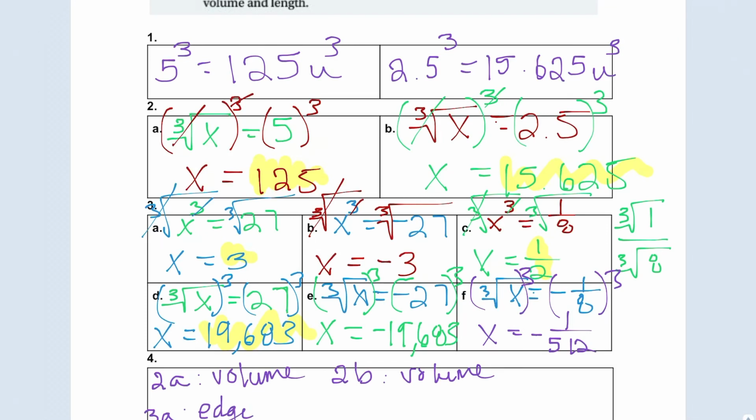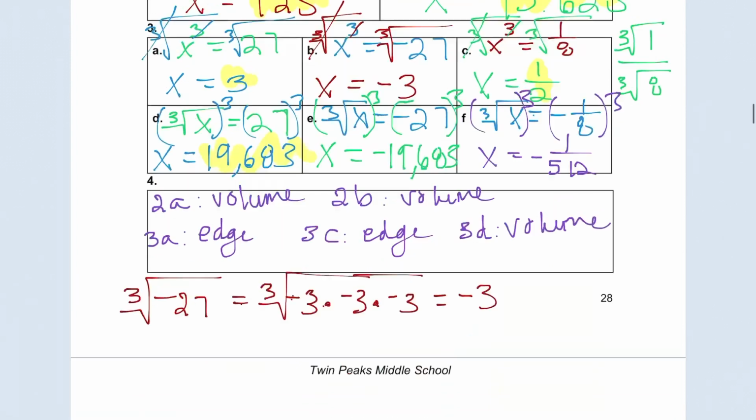For 3c, we took the cube root, so that must be the edge length. For 3d, for the last problem, we cubed both sides. So that must mean that x represents the volume here. Awesome. All right, let's keep going, you guys.